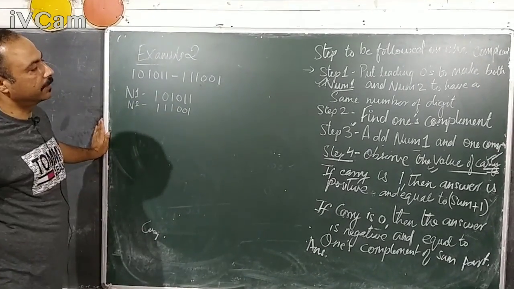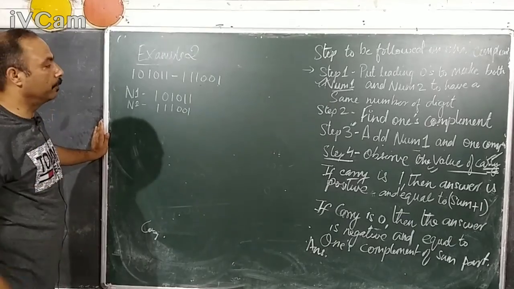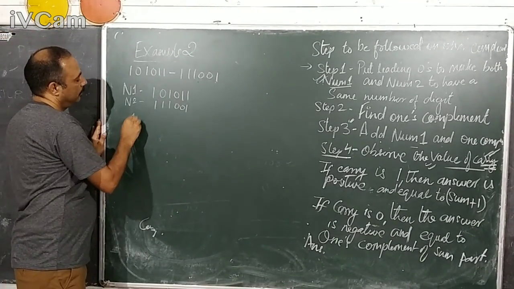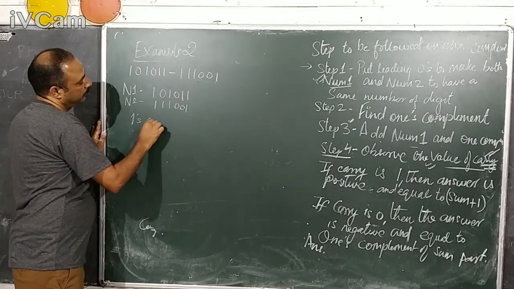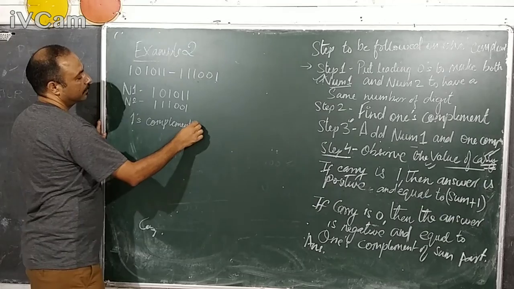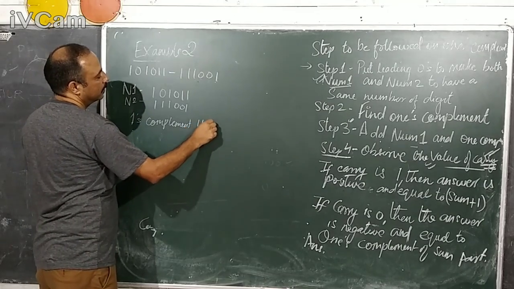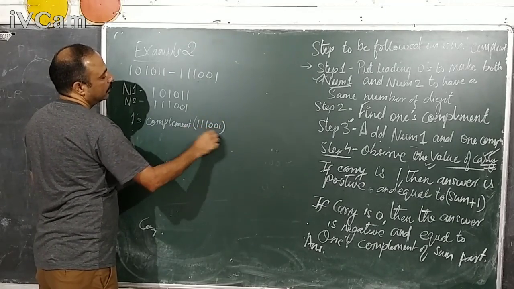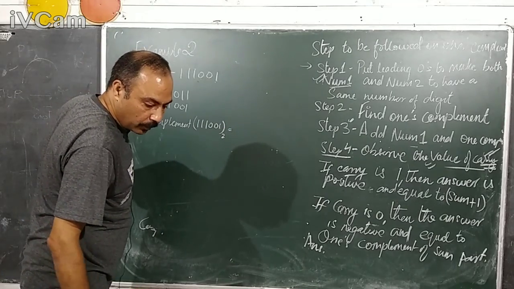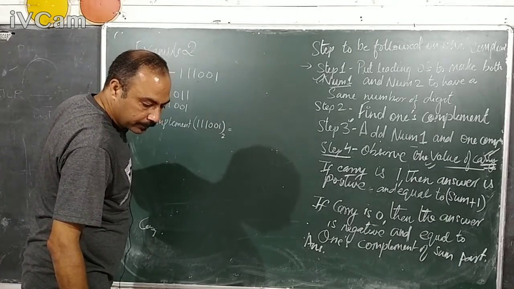The second step is that we have to find the 1 complement of the second number. So the 1 complement of 111001 equals, we just have to make it opposite.